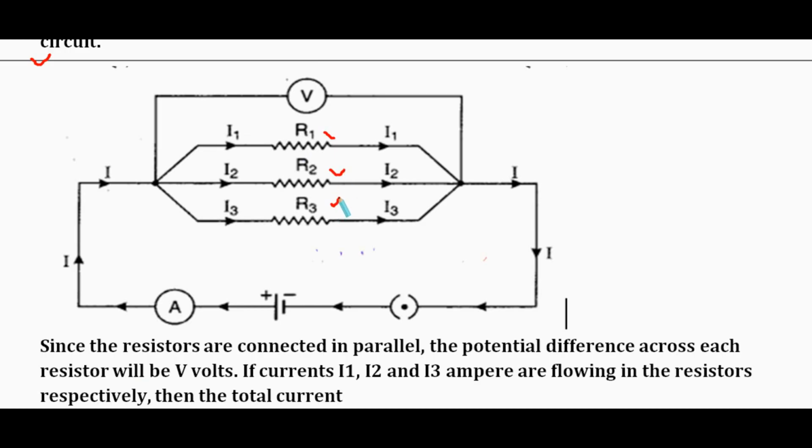R1, R2, R3 are connected in parallel, and a battery E is connected with it. The current flowing in the circuit is I, and the potential difference across each resistor is V, whereas the current flowing in each resistor is I1, I2 and I3.